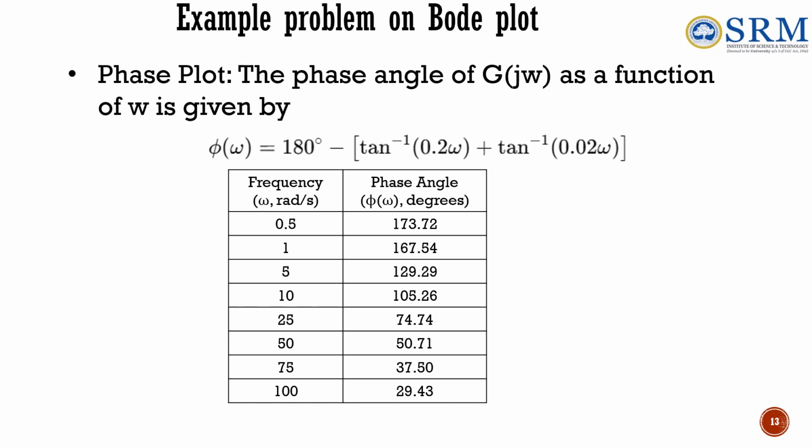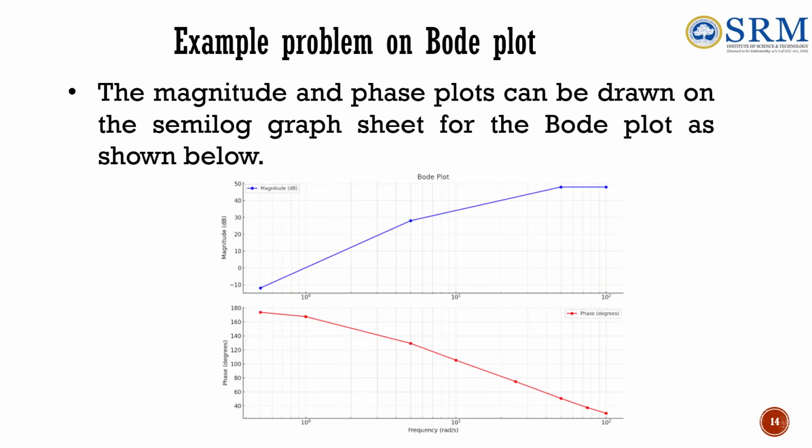After calculating this, we can plot the phase plot also in the semi-log graph sheet. In the x-axis we can take the frequencies and in the y-axis we can mark the magnitude and phase of the transfer function. We can mark each corresponding magnitude and phase and connect the plot. In this way we can plot the Bode plot.